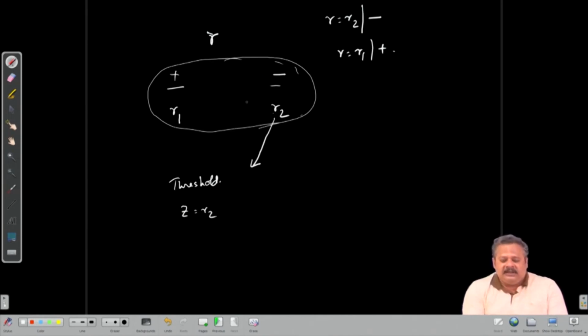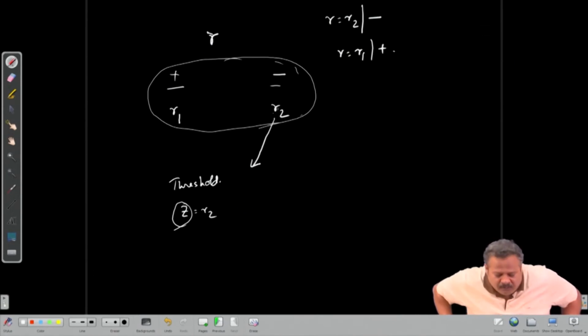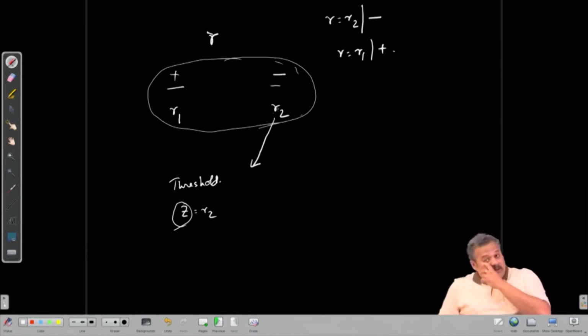If R1 is less than R2, we will say minus stimulus has occurred, the next one.